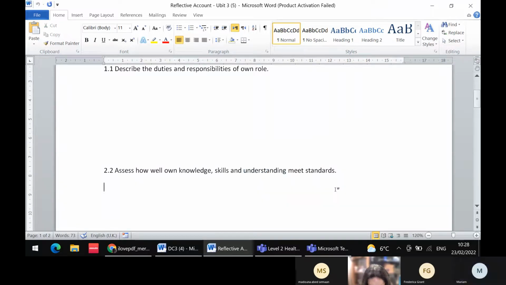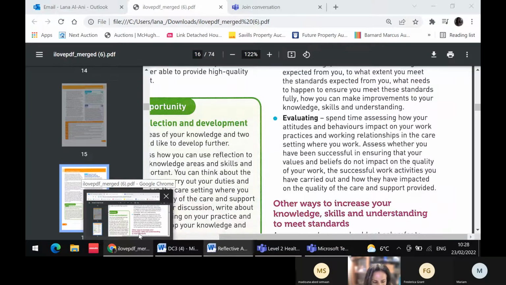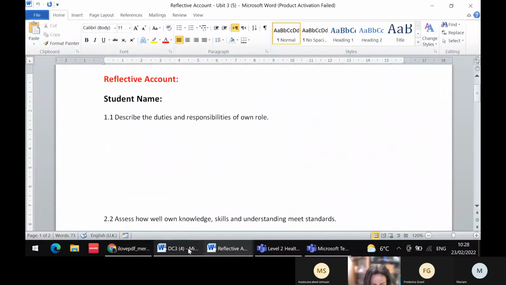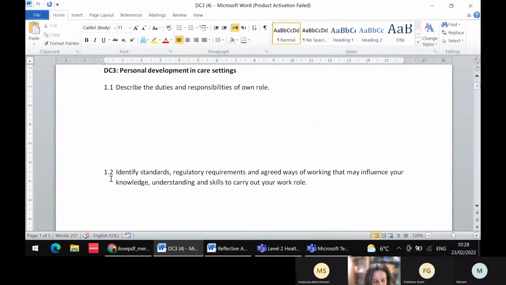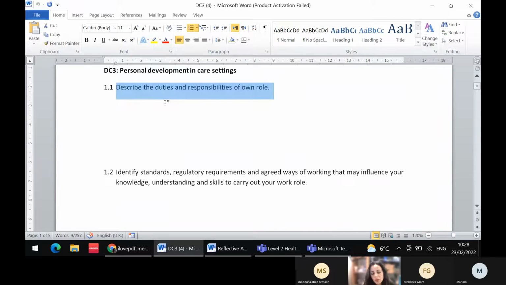Okay. Yes? Yeah. Excellent. So now if I go to the question afterwards, it says demonstrate. Oh, we are doing the reflective. I need to do the other one. Okay, sorry. So we've done describe duties and responsibilities for own work.